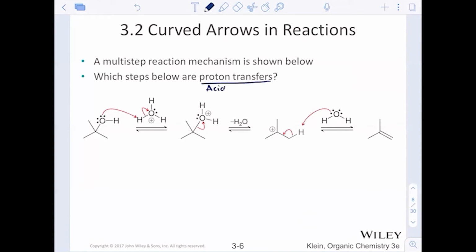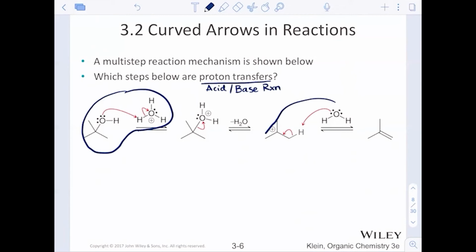So take a minute and maybe pause the video and see which one actually looks like an acid-base reaction. A proton is transferring from one molecule to the other, from the acid to the base. Hopefully we can see it's this first one, not the second one, and this last one.